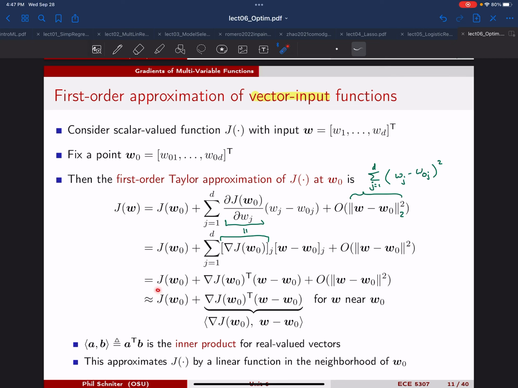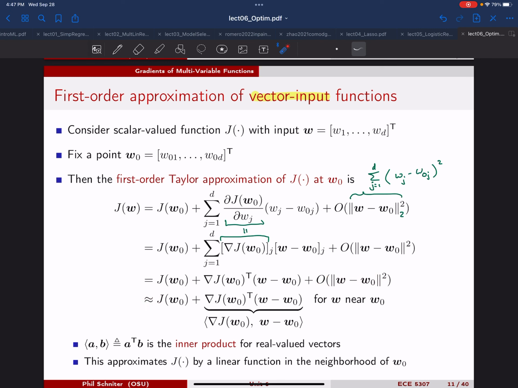And now we have an expression with no sum. We just have the vectors everywhere, nice and clean, interpretable, and so on. And the very last step is let's turn this into an approximation. Let's do that by omitting this term. So we just have the first two, the scalar plus the linear term.